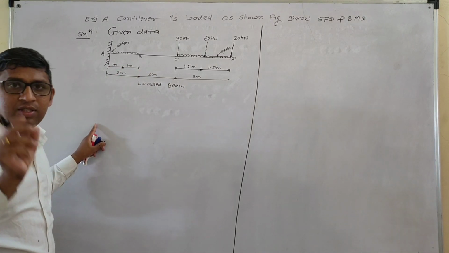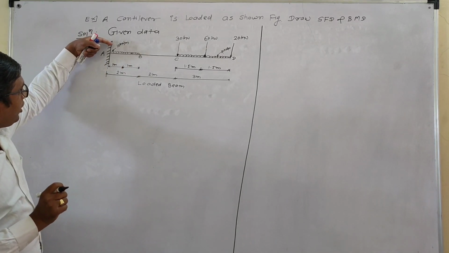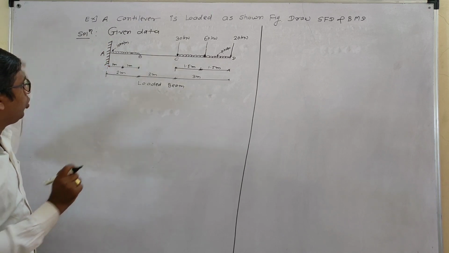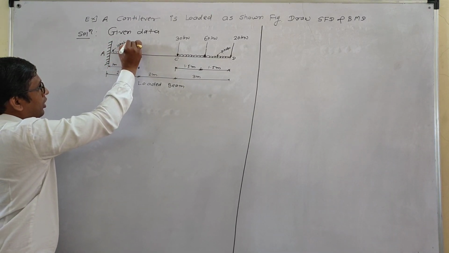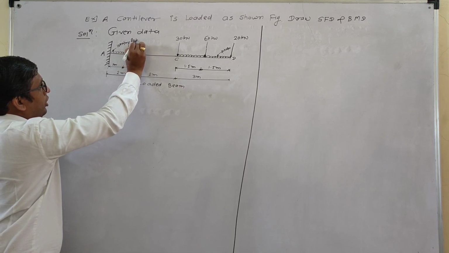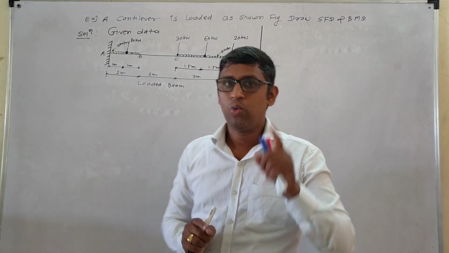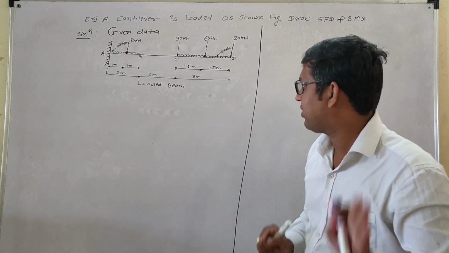Is it correct? This is the mid span of AB, and that point load is 10 into 2, 20 kilonewton, acting at the mid span. This 20 kilonewton is very important while solving the example.